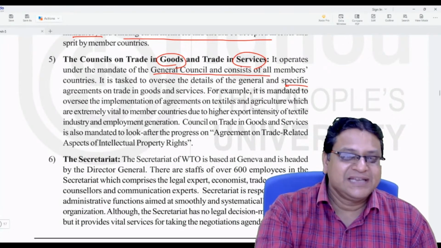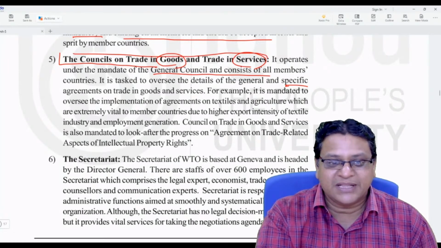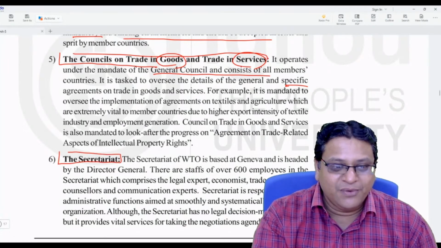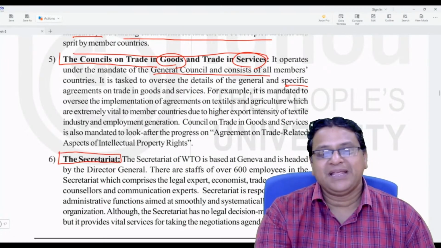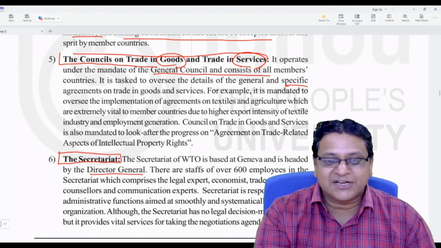The next important body in case of WTO is known as the secretariat. We know that WTO is a huge organization, and it is headed by a secretary known as the Director General.